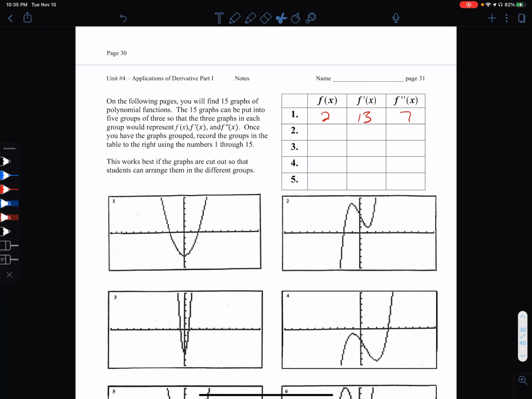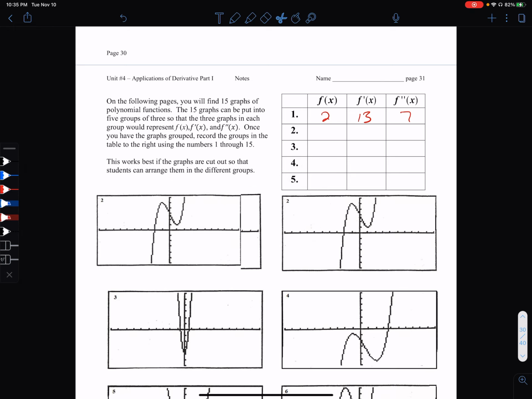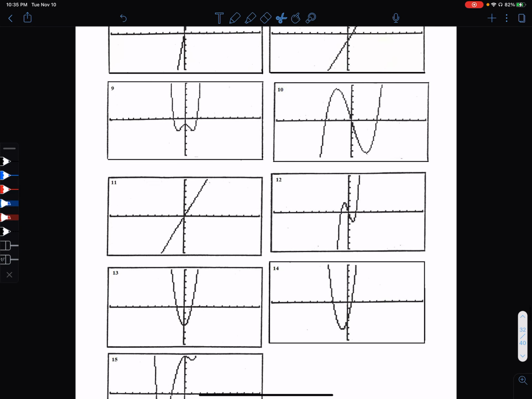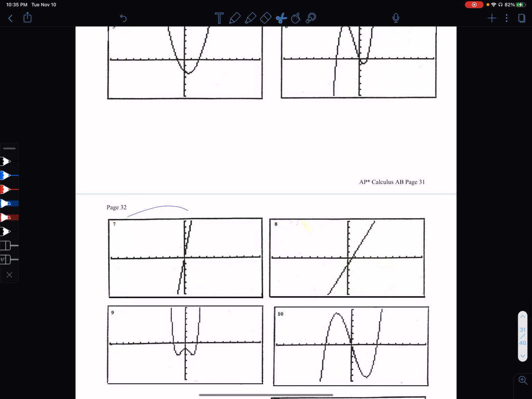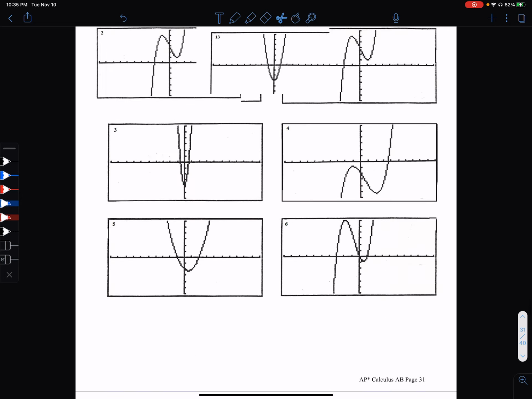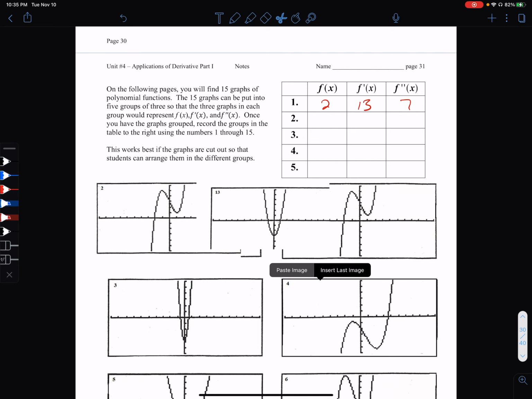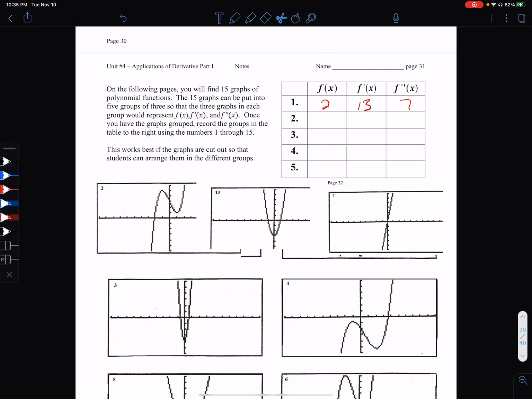Let me take 2, paste it right here. Let me take 13, paste that beside it. And let me take 7 and paste it beside that. Let's just examine these 3 and see if this makes sense to you.